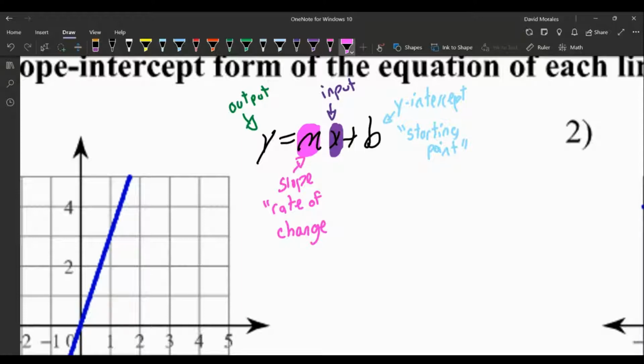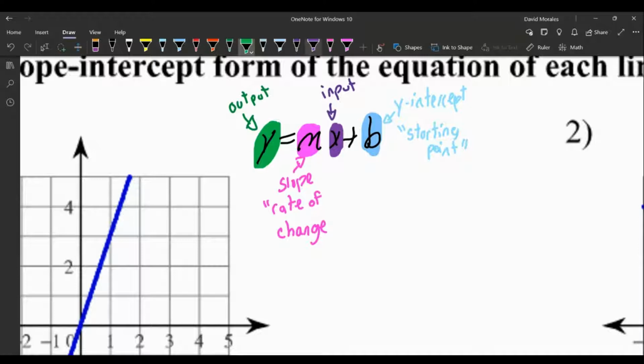And b is the starting point, on day zero, the minute you start your business. How much money did you start off with? That's your b. And y is the total money that you have in your business account.